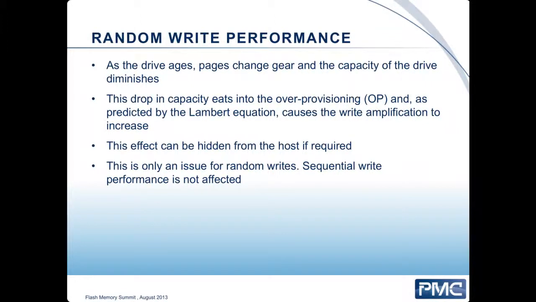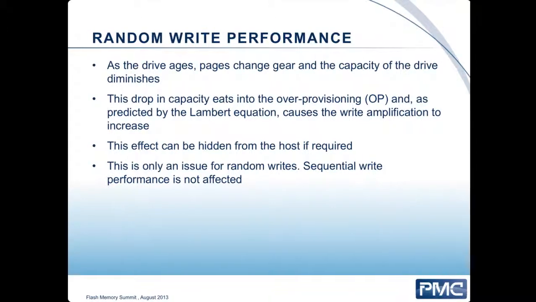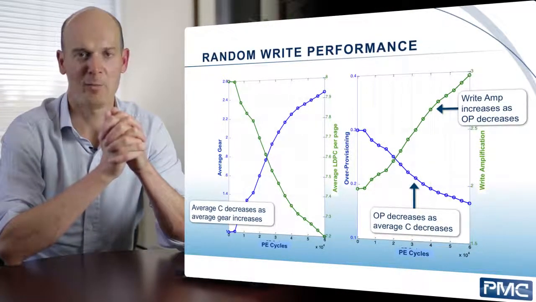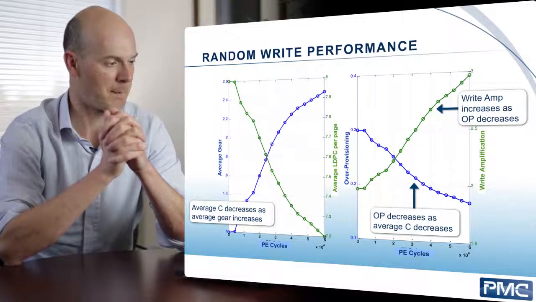This is important because in several applications, especially those related to database management, we would like to see that the random write performance of the drive, as observed by the host, is kept constant through the life of the drive. What I show in the graphs on this slide is the evolution of the random write performance through the life of the drive.